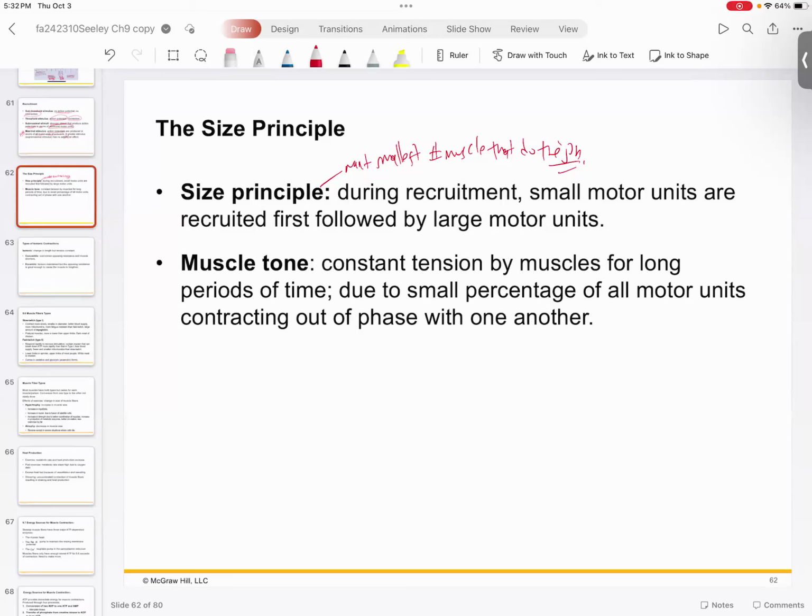In terms of muscle tone, this is a situation where you have a constant low level of tension in the muscles for long periods of time. This is because a very small number of motor units are contracting out of phase with each other, which basically means they rotate from one to the other.